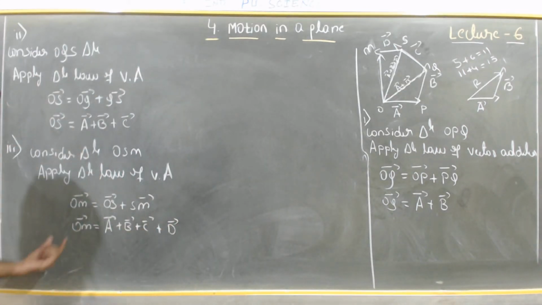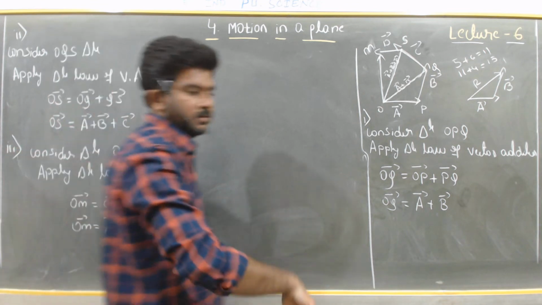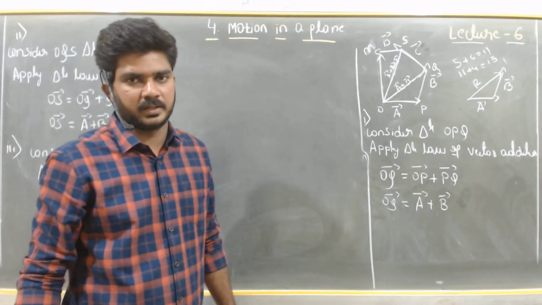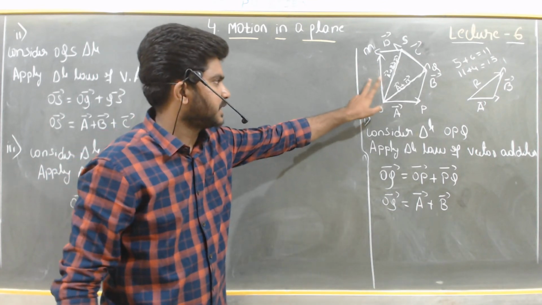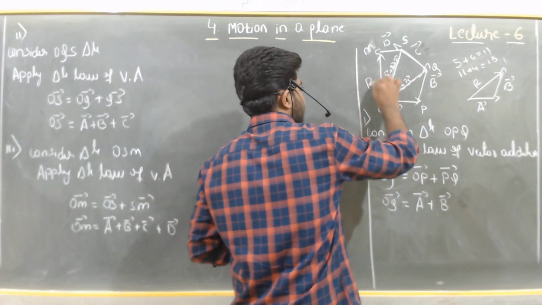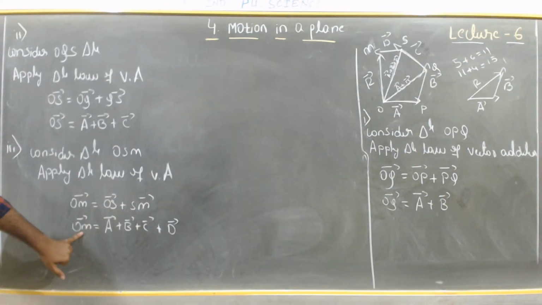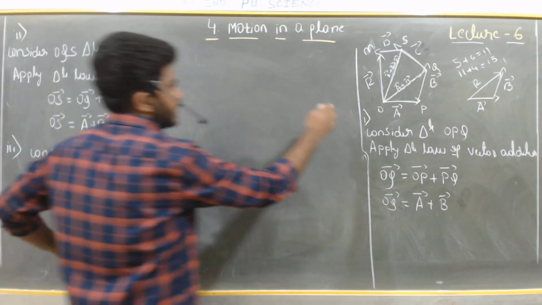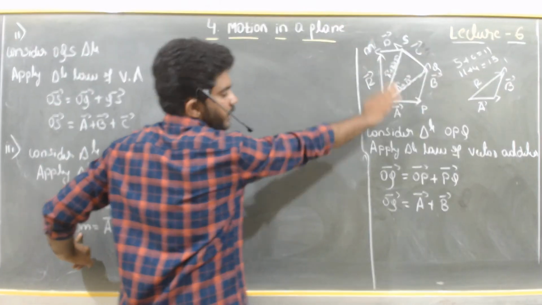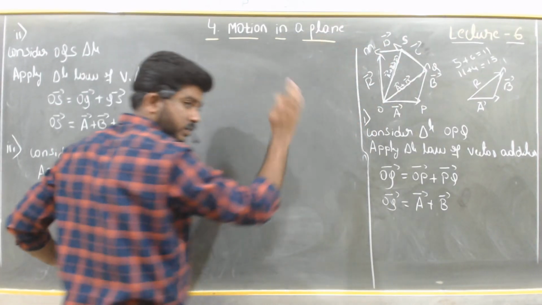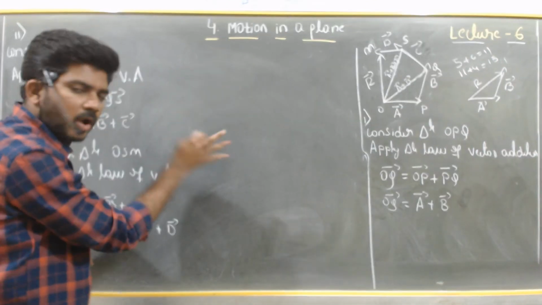So in the statement I have told that the closing side gives the resultant vector. It means this acts as the R vector, which is the resultant vector. So finally OM is the resultant vector for all the vectors, or the resultant vector for the vectors which are in polygon form.